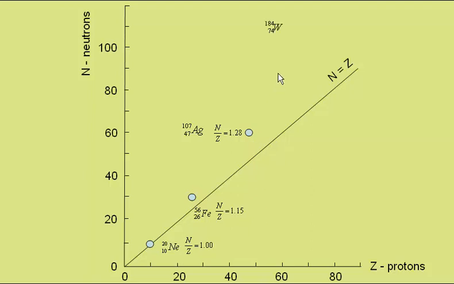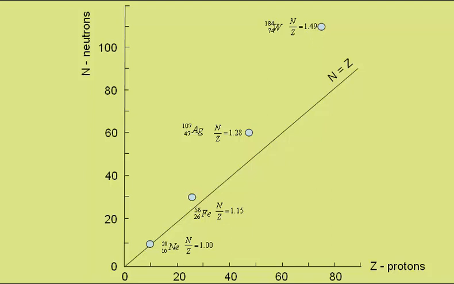Finally, up here we have tungsten-184. This has 74 protons and 184 minus 74, which is 110 neutrons. It appears here, and doing the number of neutrons divided by the number of protons gives us now 1.49.